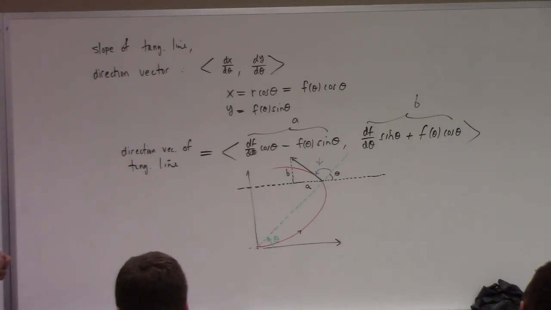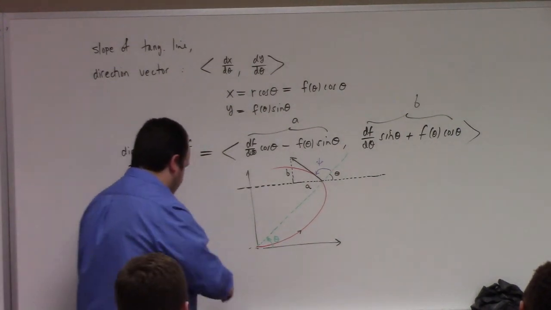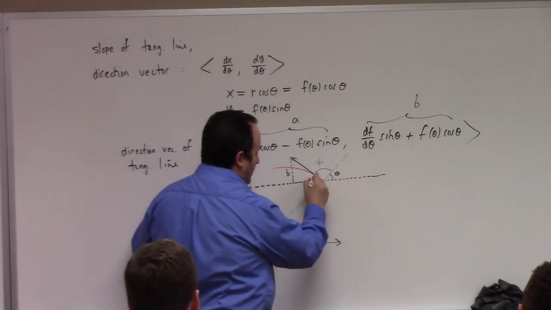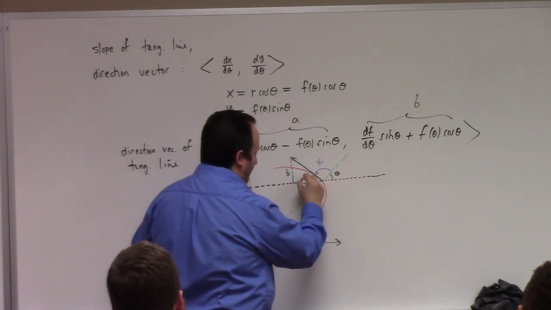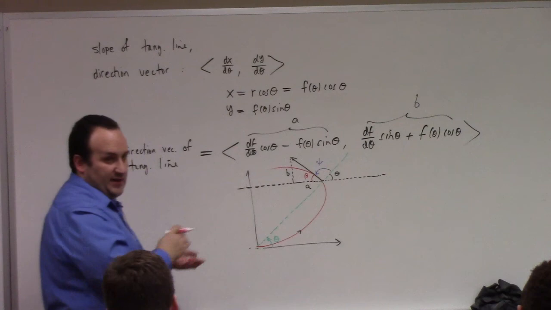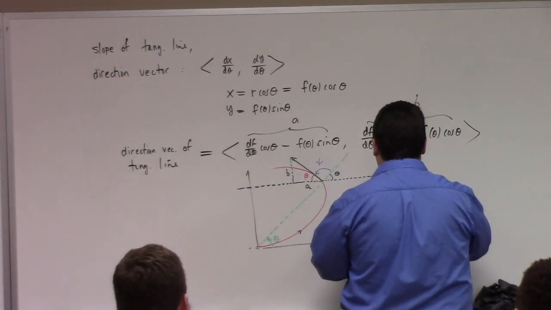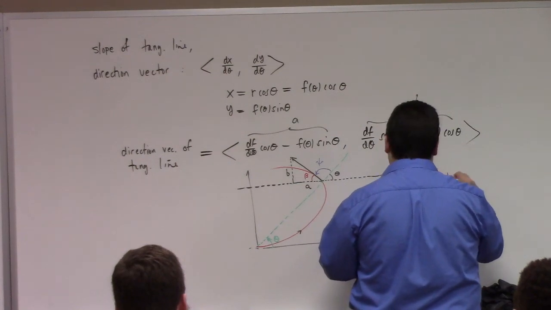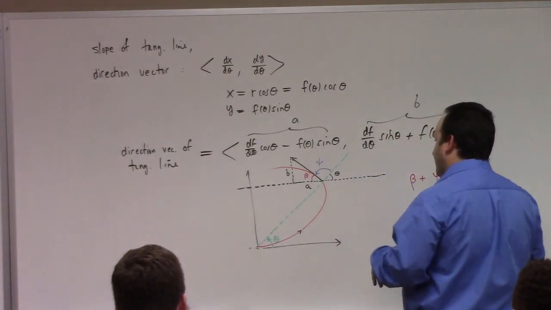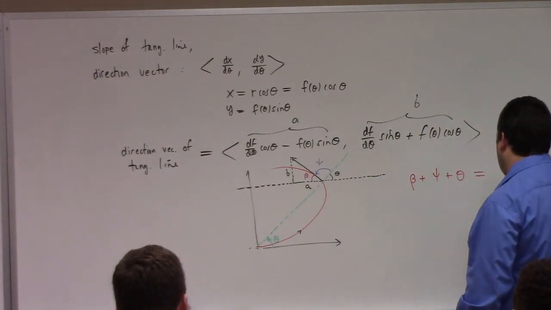Look here, but there's something else you can do. There's another piece in the puzzle here. This is what we might call beta, just to give it a name. And you see what we have. We have that beta plus psi plus theta equals to what? Yeah, pi.